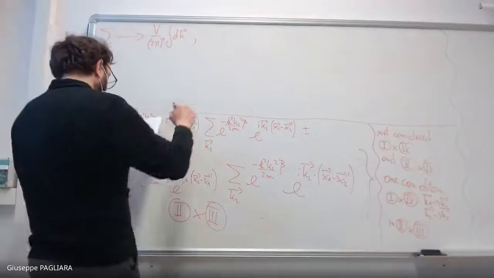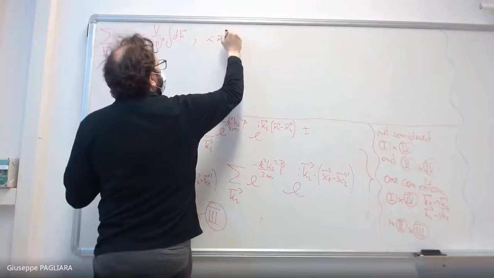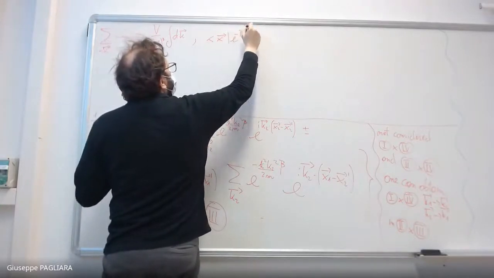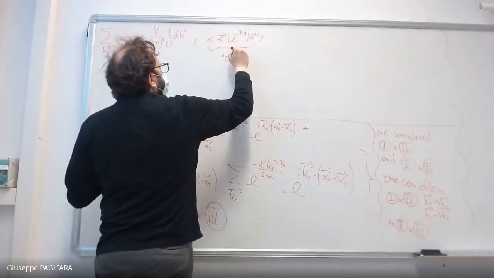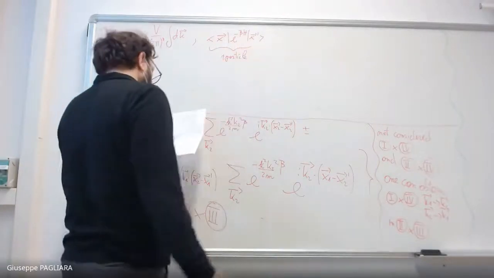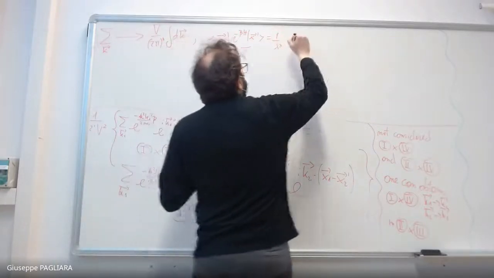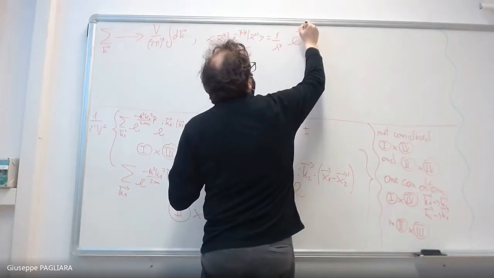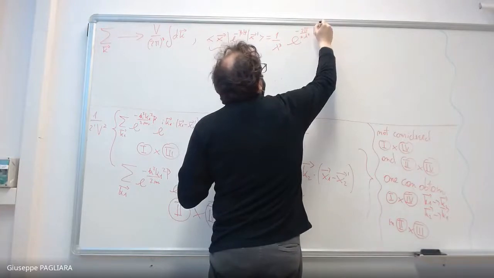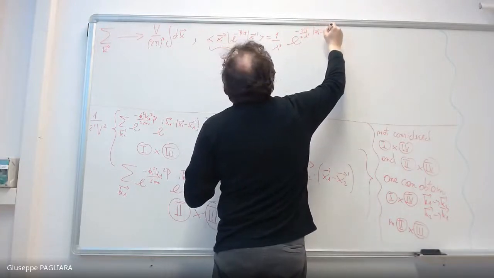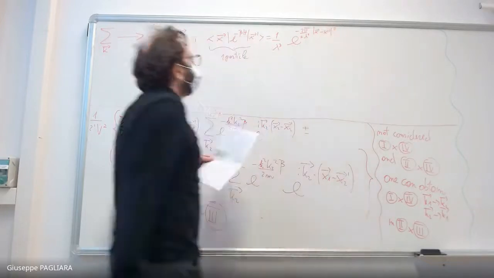And actually the formula that will be used is this one: ⟨x|e^{-βH}|x'⟩ for one particle, that we derived last time, is equal to 1 over λ cubed, and here you have the exponential of minus 2π divided by λ squared, times x minus x' squared.